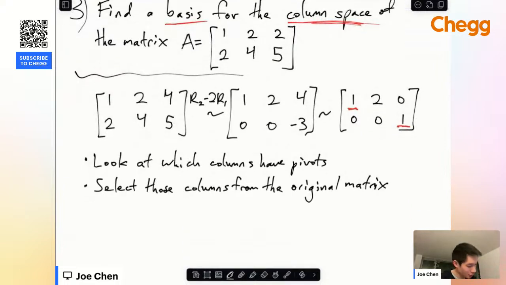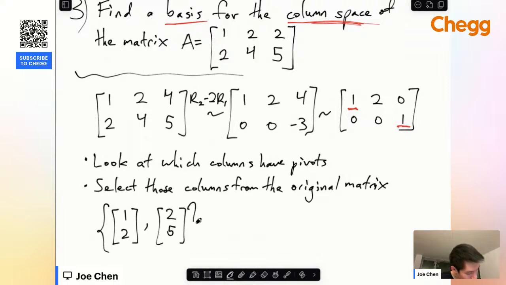So in this case, as our basis, we get 1, 2, corresponding to the first column, and then we have 2, 5, because we have a pivot in the third column, so we're taking the third column from here.